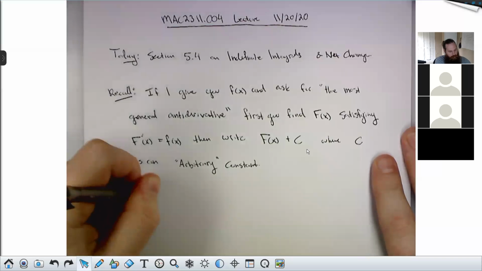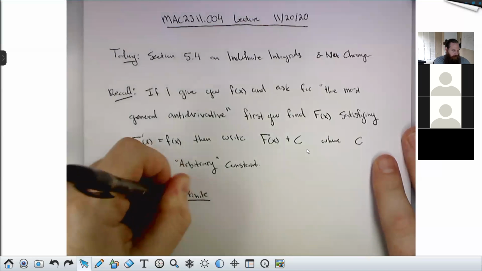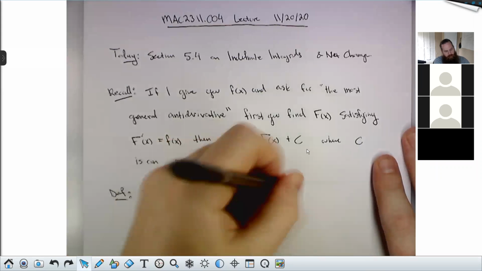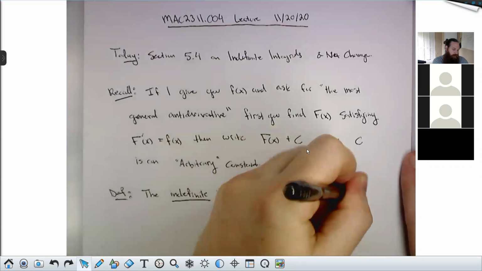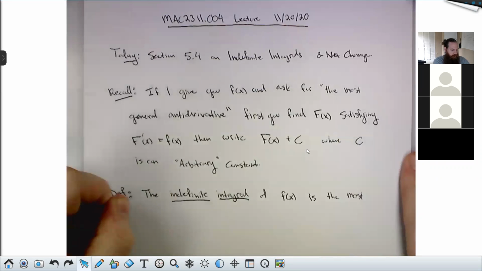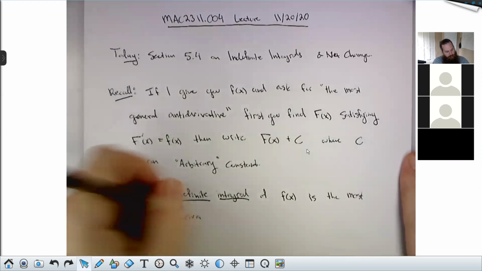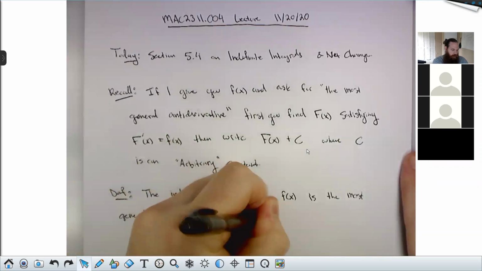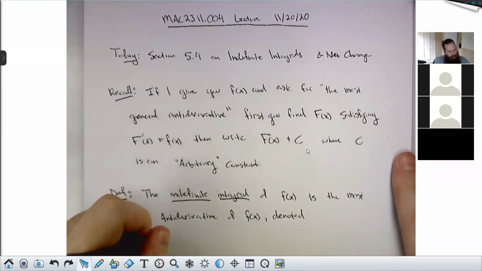The indefinite integral of a function little f of x is the most general antiderivative of little f, and it's denoted integral f of x dx.